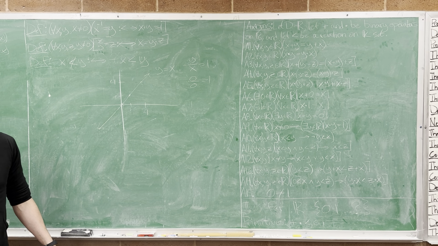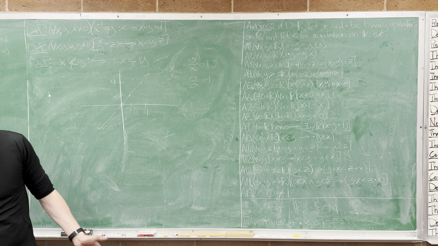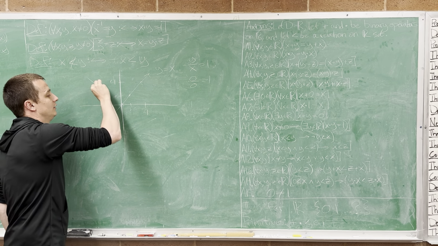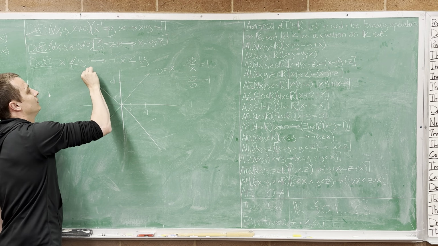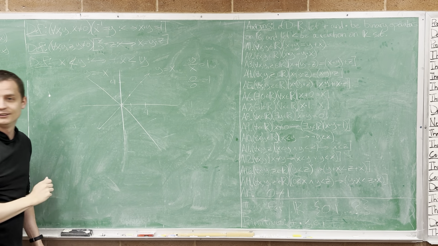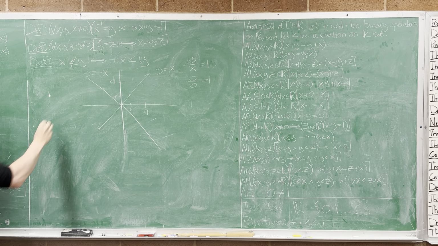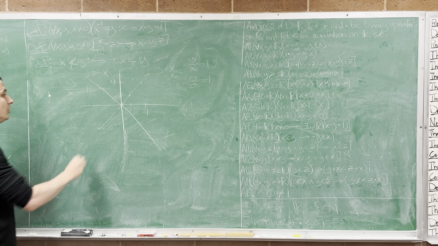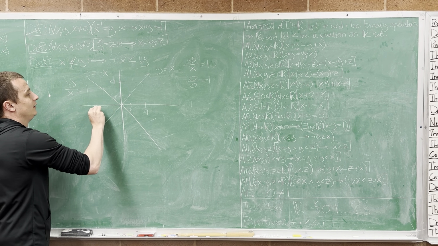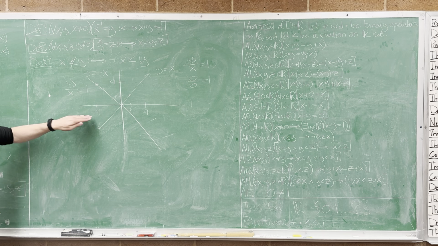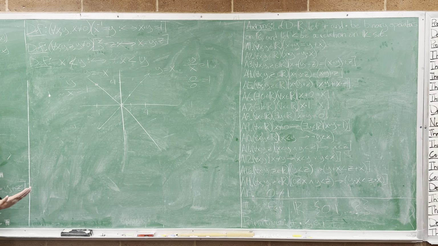But now let me pick a different line. Let's look at the line y equals negative x. Divide both sides by x, and on this line, y over x is always equal to negative 1. The slope everywhere on this line is negative 1. So if we go over here to negative 4, it goes up to 4, and we get 4 over negative 4, which is negative 1.